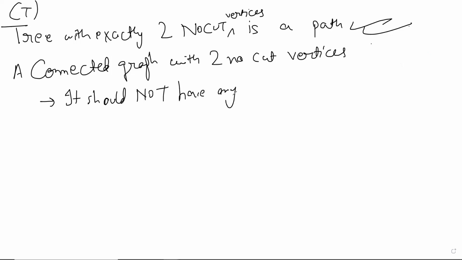But you see, a graph can be very complicated. If what you're saying is true, then we are already done because we have proved it for trees. But if something is on a cycle, it doesn't mean that it is a no-cut vertex. That's a problem. An arbitrary connected graph is very complicated, even the definition is very imprecise.